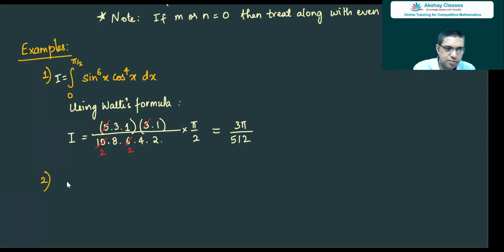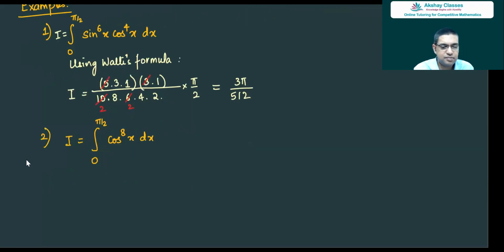Let's do another example. Integral 0 to pi by 2 of cos power 8x. Please give the answer. Now m is 0, so that should be treated like an even number.